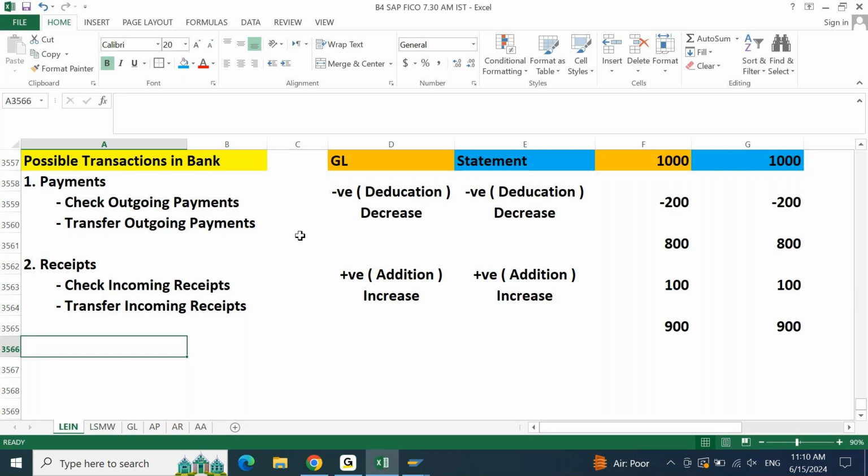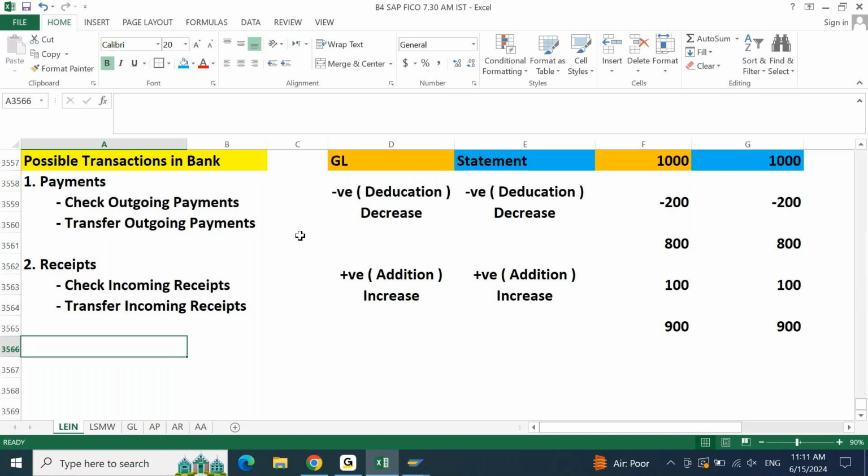If this confusion is there, you will have 100% confusion in BRS, because BRS is not working on the basis of debit credit logic. Instead, BRS is working on the basis of plus minus, increase, decrease, addition, deduction, whatever you are comfortable with. So there is no concept called debit credit in your BRS. When you are practicing, when you are explaining, you should never talk about debit credit.